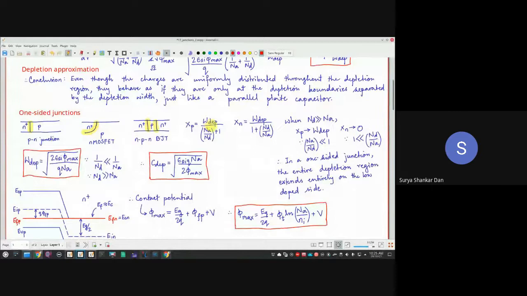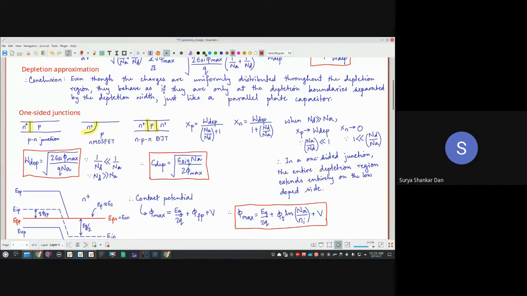So if it is N plus P, ND is much larger than NA, so in this expression NA upon ND is much less than 1. So XP will be equal to W depth. Whereas in the XN case, ND upon NA is a very large quantity, so W depth divided by a very large quantity means XN tends to 0. So in a one-sided junction, the entire depletion region extends on the low doped side.